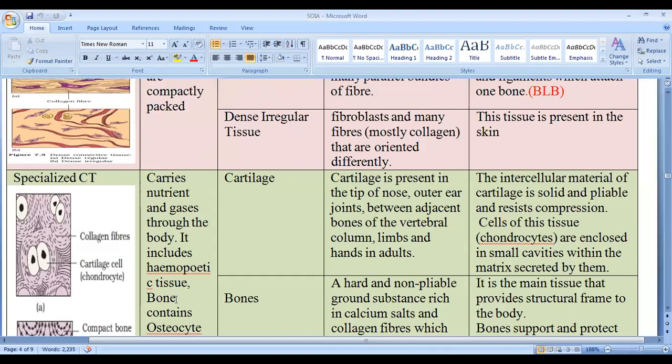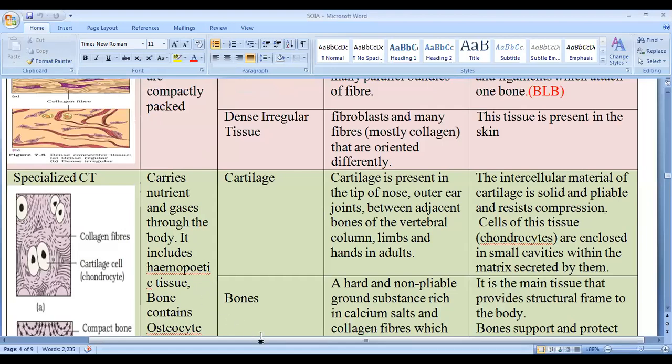So bones have some characteristic features: lamellae and lacunae, osteocytes, canaliculi, and central Haversian canals. So this is found in the bones. And if the bone is spongy, then it consists of thin column structures, which are known as trabeculae. So these are the characteristics of the bones.